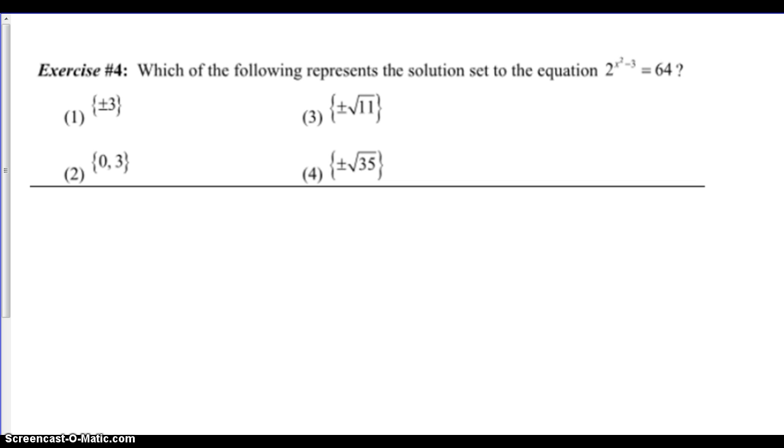Then store the different values that they're giving you. And the funky notation over here just means plus or minus 3. So you're going to start with 3, store that as x, and then check it. Then do the negative 3. If that doesn't work, then you try the 0. Then you try the positive radical 11 and the negative. So you will try this one, and you will know you have the right answer. And then we're going to go on to the next one.